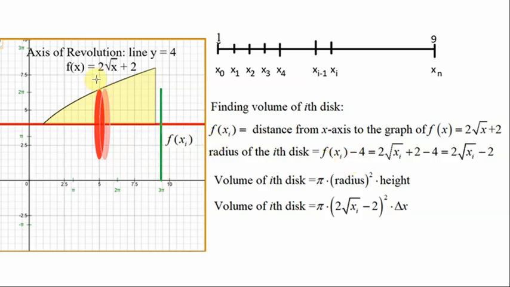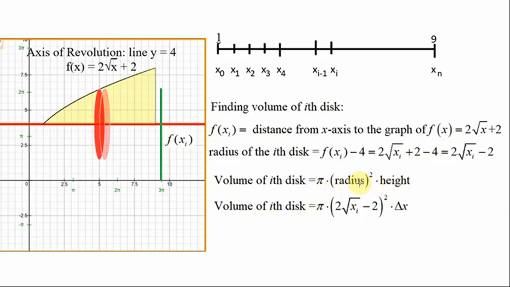But f of x is 2 times the square root of x plus 2. And so the radius of the disk would be 2 times the square root of x sub i plus 2 minus 4, and we end up with 2 times the square root of x sub i minus 2. So the volume of this ith disk would be pi times the radius squared times the height.